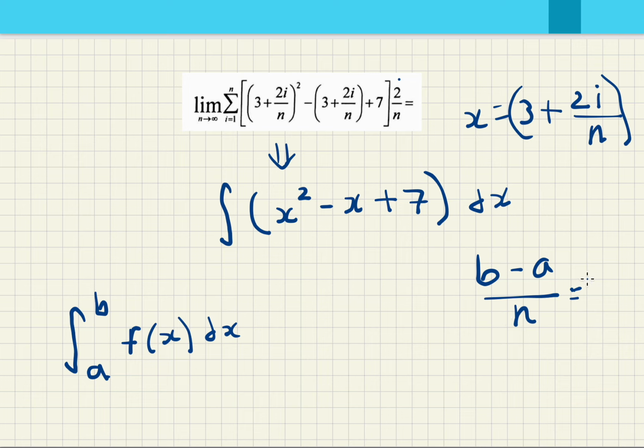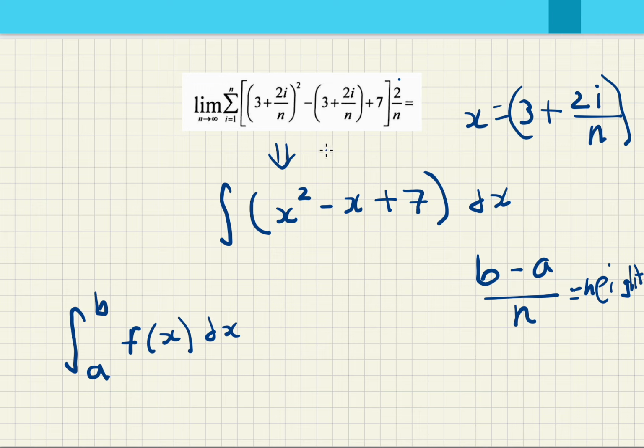So the height in a limit is always the term outside of the big brackets, or whatever term has n as the denominator and no i, only a constant. A constant over n will be your height.